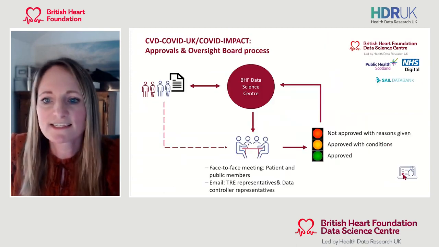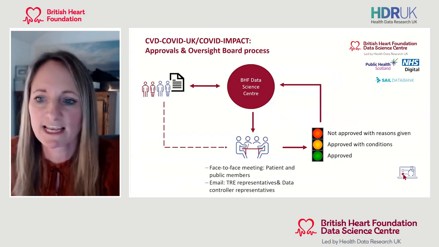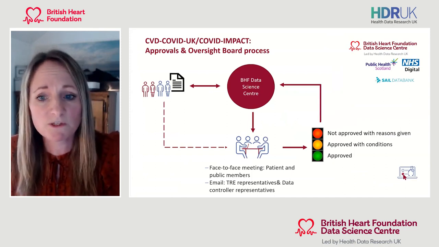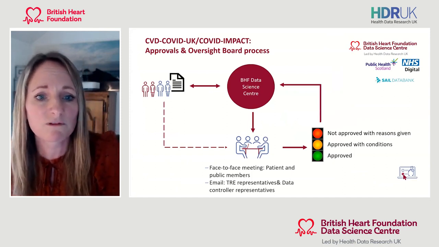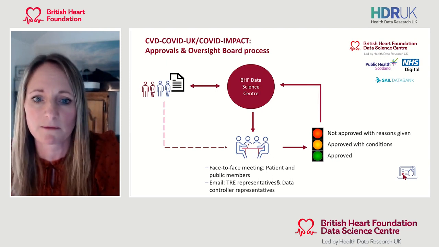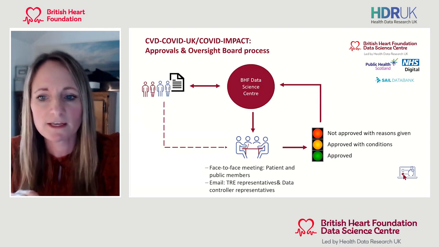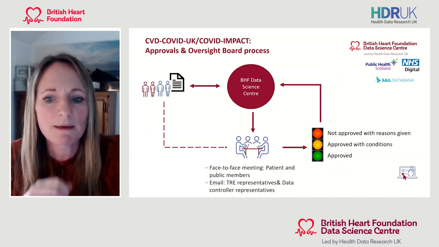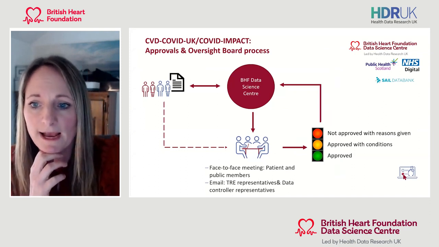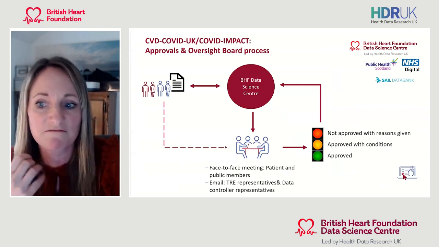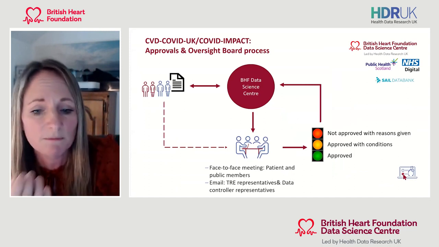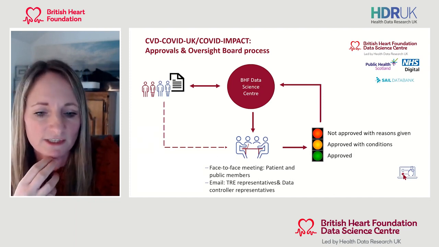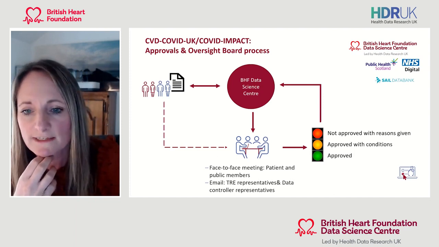So to access these resources, you'll be interested to hear the process. Researchers must first have a proposal, which is approved by the Approvals and Oversight Board Committee. This process includes a meeting where the project leads and members of the patients and public panel meet to discuss the relevance of the project, the importance of the proposal, as well as ways to involve and engage patients and the public through the course of the projects.